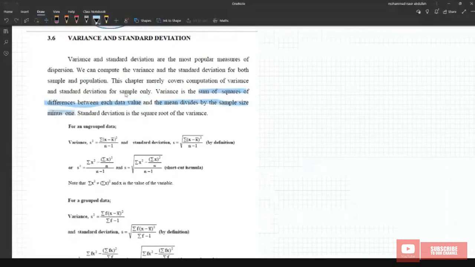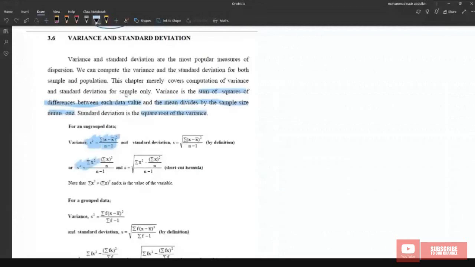So the standard deviation is the square root of variance. So this is the formula for variance for ungrouped data. So there are two formulas for variance. This is formula number 1 and this is formula number 2.